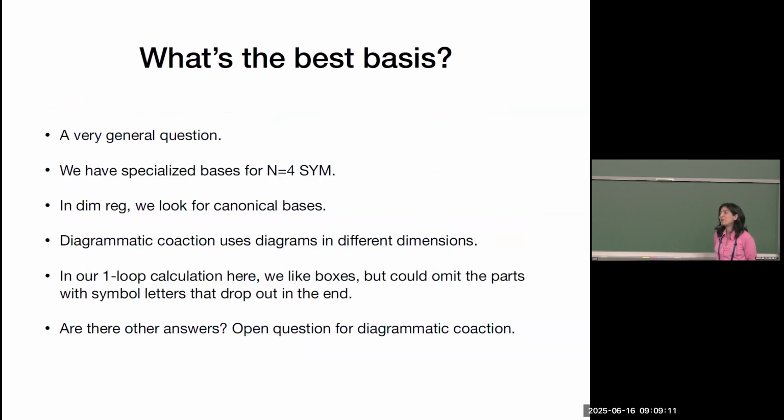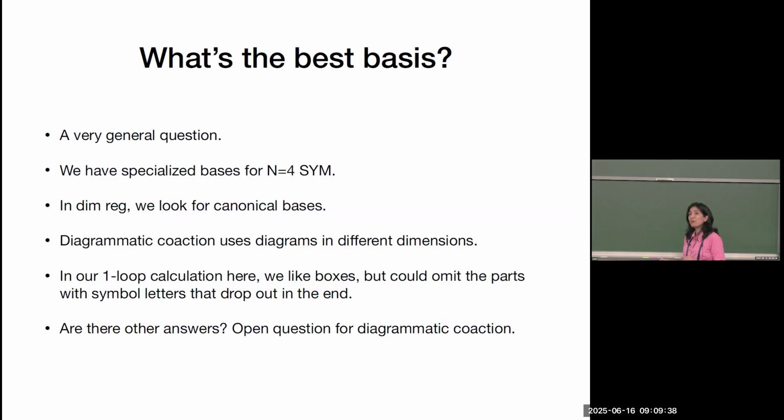It all comes back, in a way, to what's the best basis? And this is a question, I think, that comes to many of us in many different contexts in the study of amplitudes as well. For N=4 super Yang-Mills, we have this specialized basis, a restricted set of master integrals.